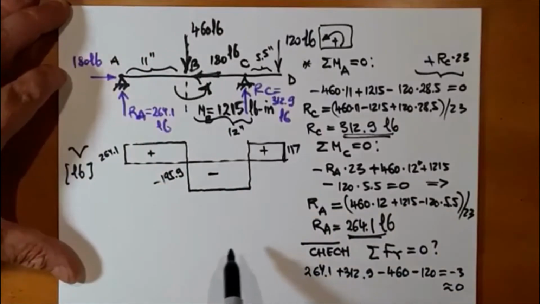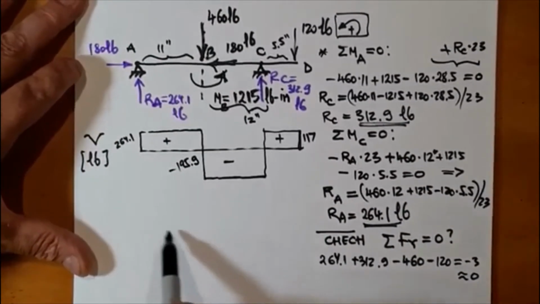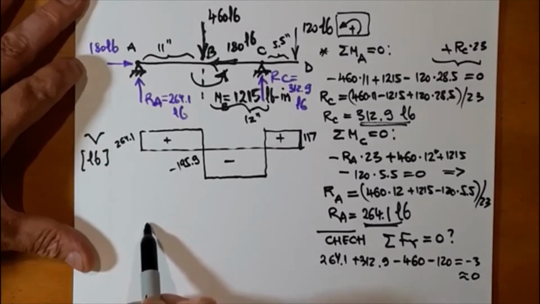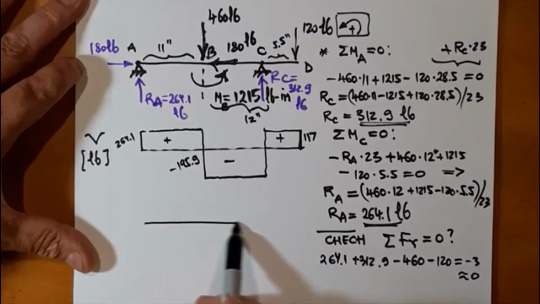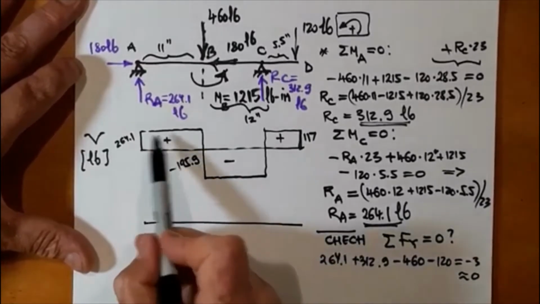Okay, so next after the shear force diagram is the bending moment diagram, and we're having zero moment here. I'm looking at this diagram.